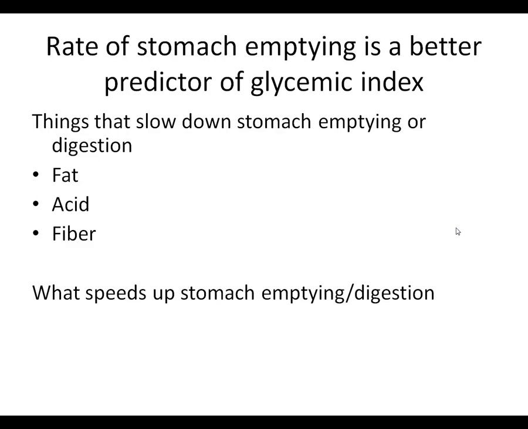Fat slows down stomach emptying. I think one of the most striking observations is that ice cream, with lots and lots of sugar in it, is also high in fat. And because fat slows down the rate at which the bolus of food leaves the stomach and enters the small intestine, that ice cream has a really low GI.